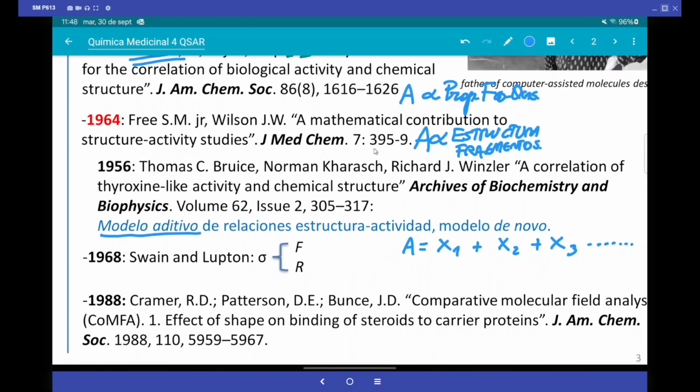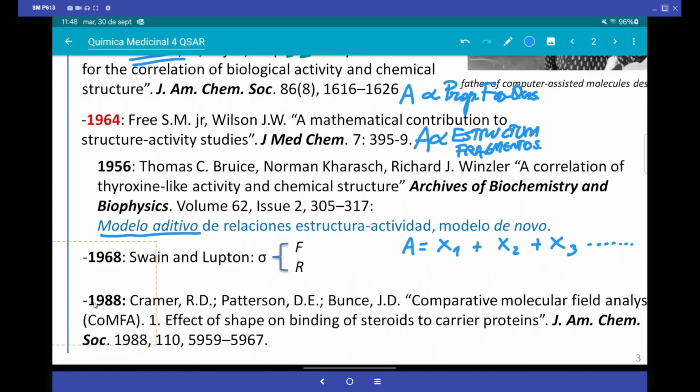In 1968, there were researchers who talked about the Hammett constant. We can separate it into its resonance contribution and its inductive effect contribution, and both values can be used in QSAR equations, in Hansch equations. It is also called Hansch equations.